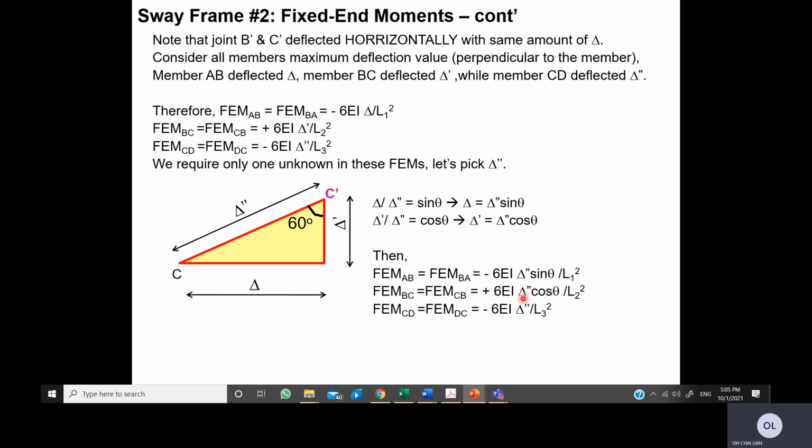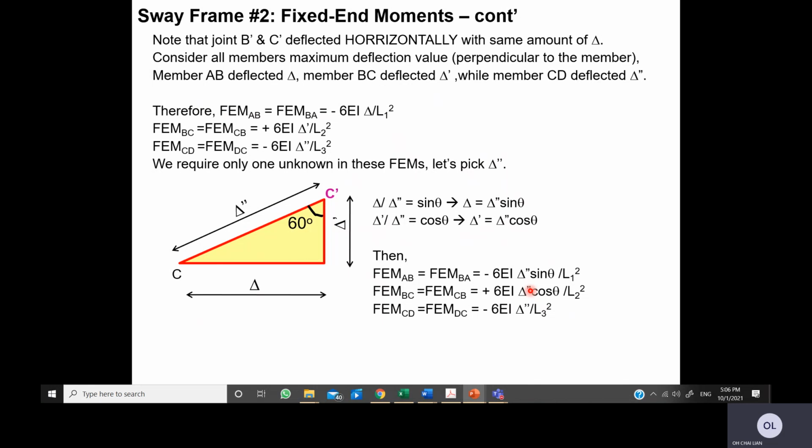Then you get a new set of equations, and now all of these fixed moments are in one unknown. This is a treatment that you need to have the skills for, and the remaining procedure is actually quite similar.